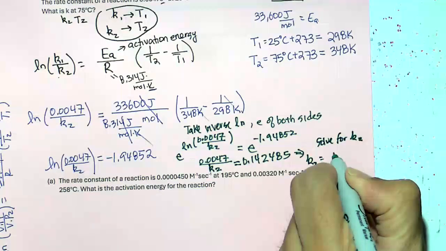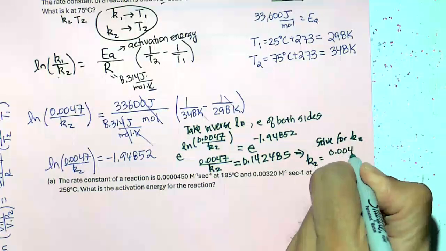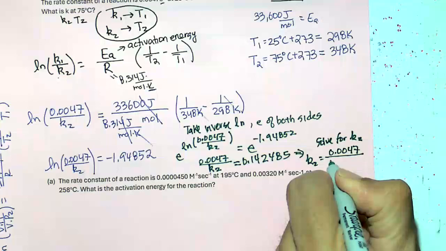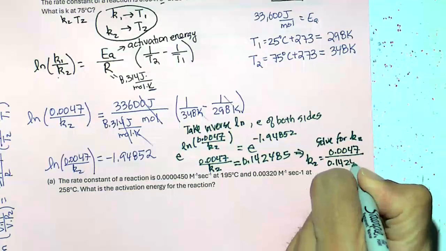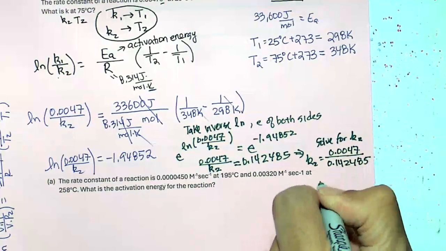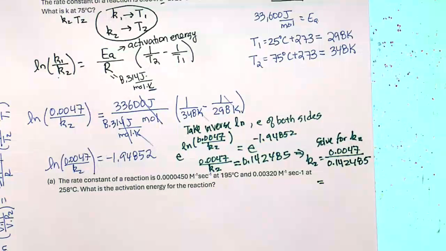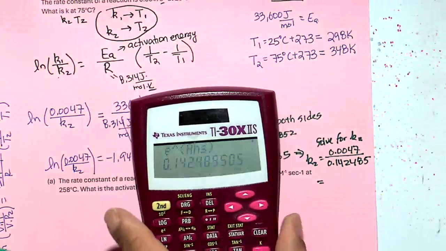And how will we solve for K2? K2 is equal to 0.0047 divided by 0.142485. Okay, we have to put the units back on when we finish this problem. And what are you guys getting when you do this?